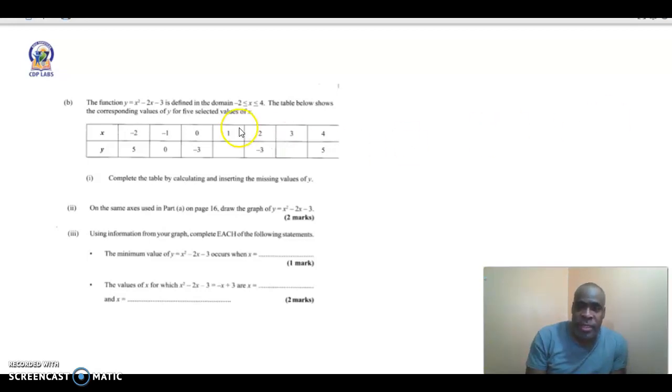You'll have seen it in the table below, which shows the corresponding values of y for the selected values of x. Let me rewrite the function for you: y equals x squared minus 2x minus 3.